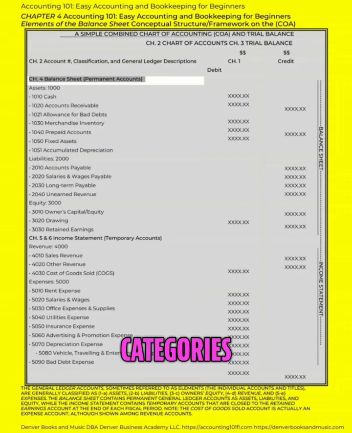The titles of the categories and related total amounts shown are the top levels of the categories' hierarchies. A firm's chart of accounts is usually created to accommodate two or more subcategories for each main account title shown on the balance sheet.